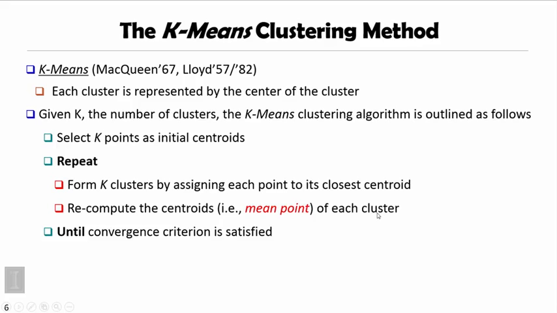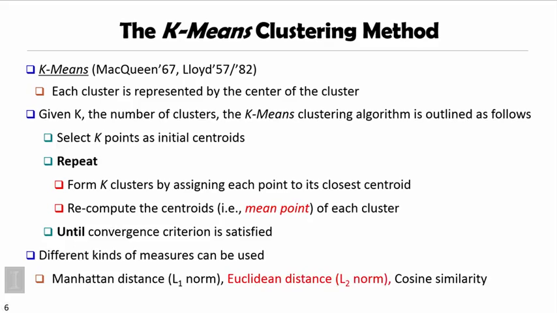Once you recompute the centroids, some object initially assigned to, say, centroid A may now be closer to centroid B because all the centroids have changed. That means we need to go back and reassign each point to its closest centroid, then recompute the new centroids. That's why we need this repeat loop until some convergence criterion is met.